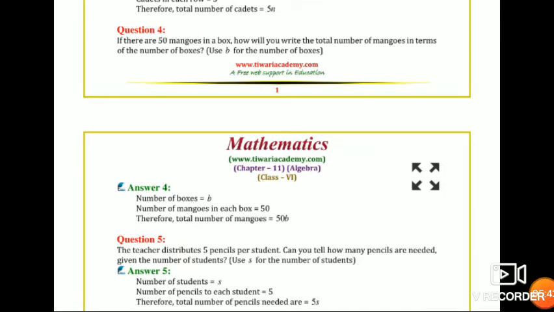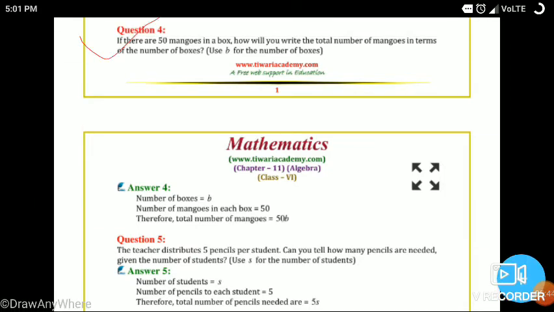Now see students, question number 4. If there are 50 mangoes in a box, how will you write the total number of mangoes in terms of the number of boxes? And use b for the number of boxes. Okay. So in one box how many mangoes are there? 50. Okay, and total number of boxes we write here with which alphabet as a variable? b, right?